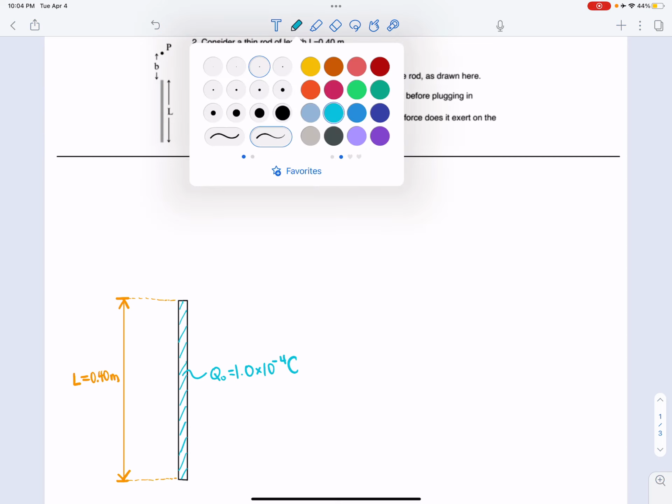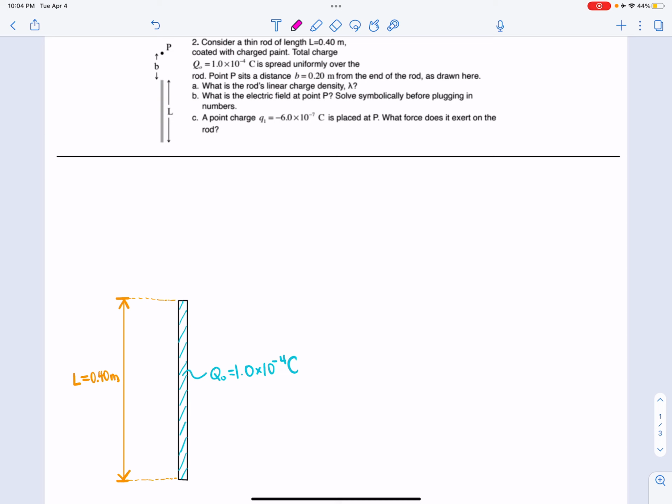Then we also have a certain point up top, right here.